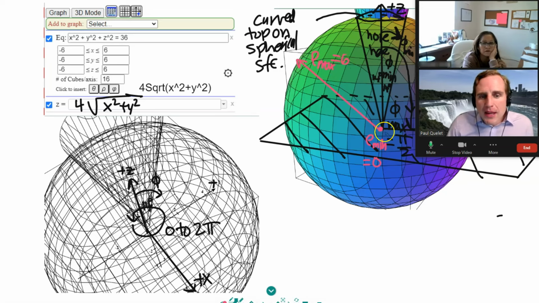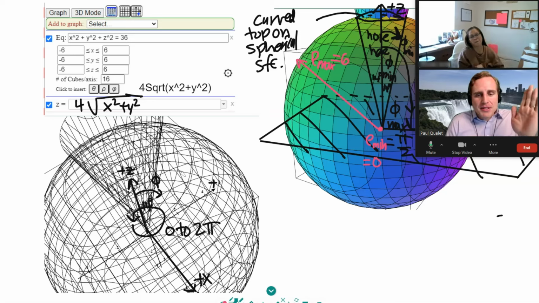Now, by the way, you may say, well, wait a minute, what about what's going on here? Well, think about this. If we integrated instead from 0 to pi in terms of phi, then we'd have the whole sphere. If you integrate from 0 to pi over 2, you'd have the hemisphere.